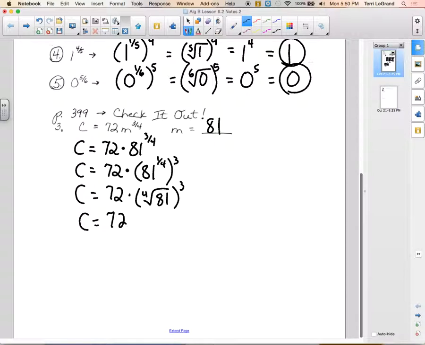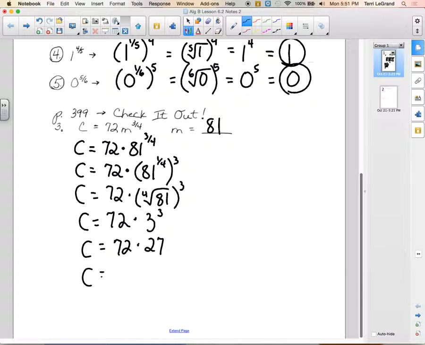That becomes 3. 3 to the 4th power is 81. And that 3 has to get cubed. So now, again, we don't multiply first, we just have to get our powers taken care of here. 3 to the 3rd power is 27.